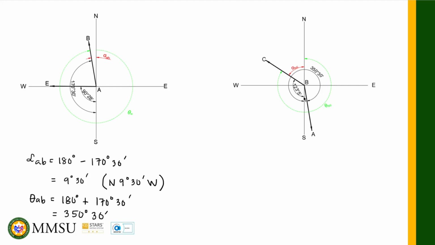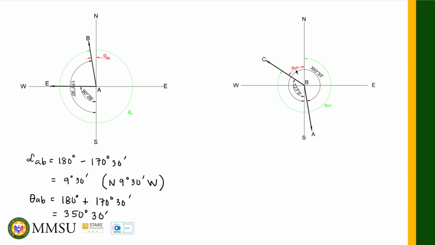We are given the azimuth of line BC to be 123 degrees 05 minutes, from the south going to the line, and we also have the azimuth of A, from the south, 350 degrees 30 minutes over there. Okay, we are concerned with the bearing of BC and azimuth of BC.